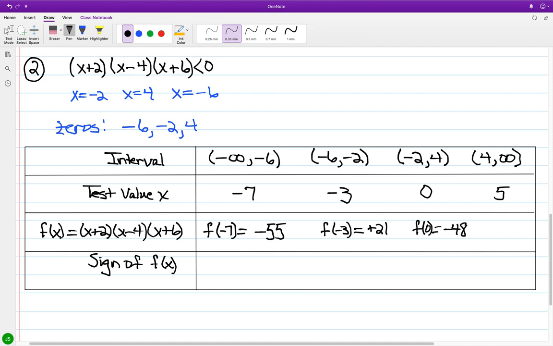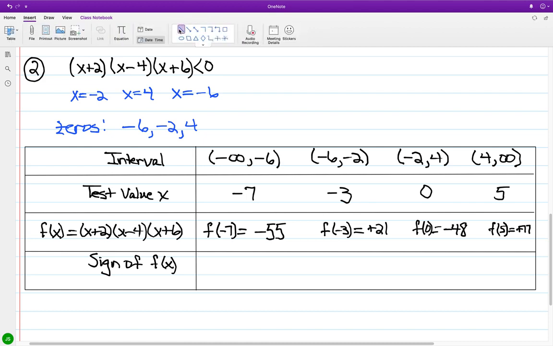And in the case of 5, 5 plus 2 is 7. 7 times 5 minus 4 would be 7 times 1 is 7. And we have 7 times 11, so f of 5 is going to be a positive 77.